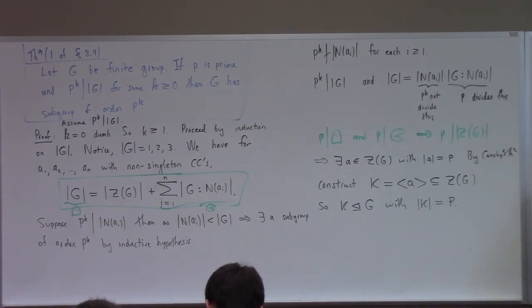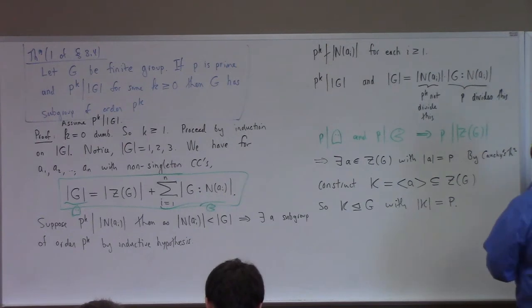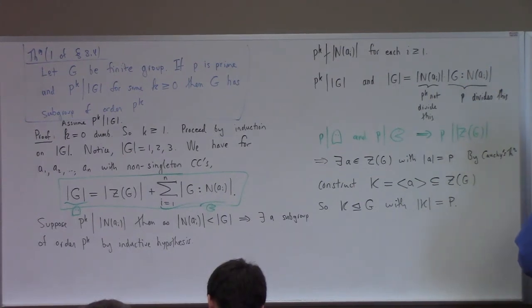That's 1 over p times the order of G, right? p's prime, so this is less than the order of G, which means the factor group G by K has order smaller than G. Hence that allows us to what? Apply the induction hypothesis, which is what?